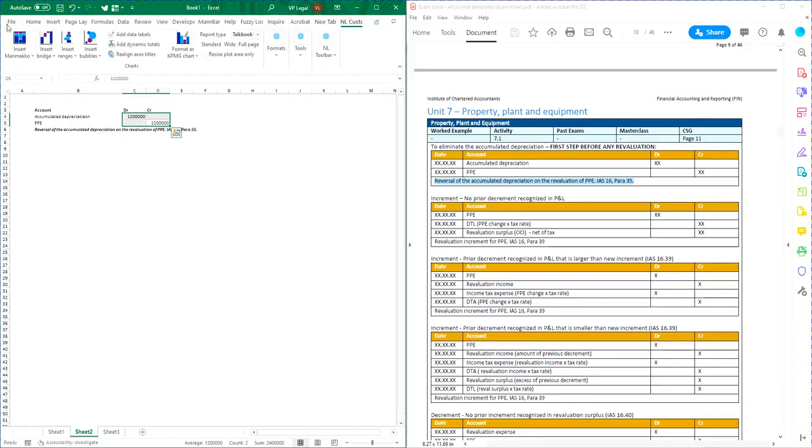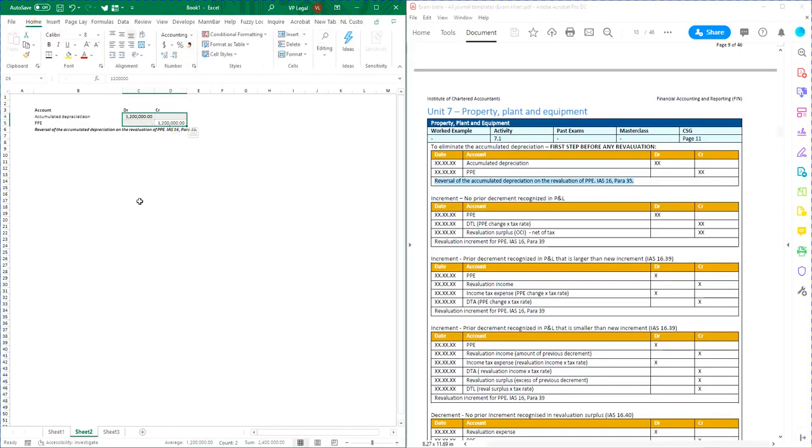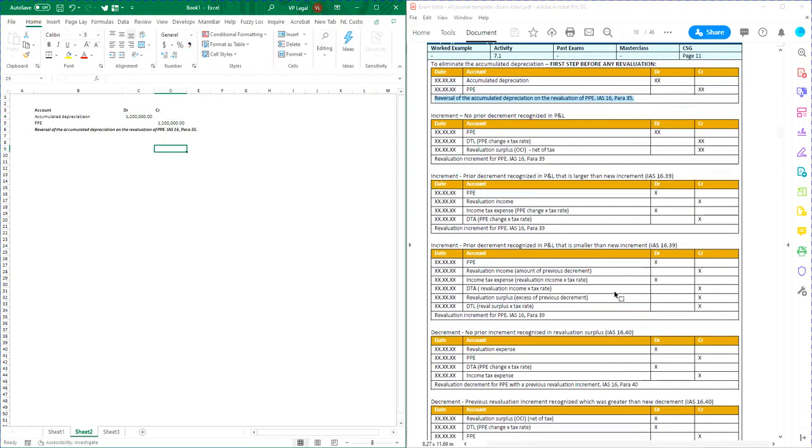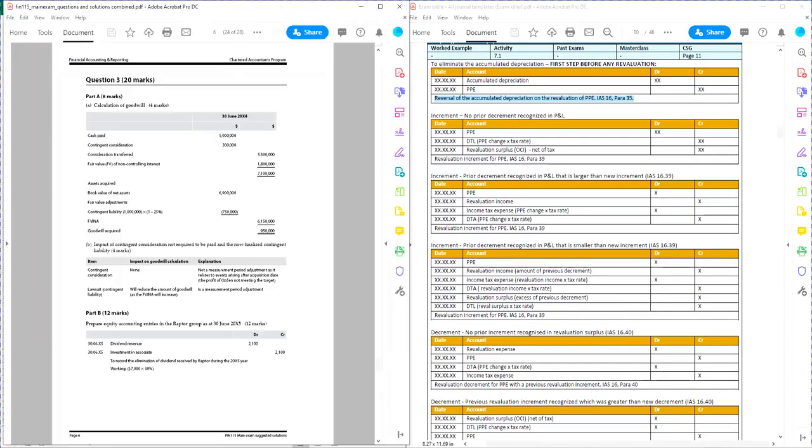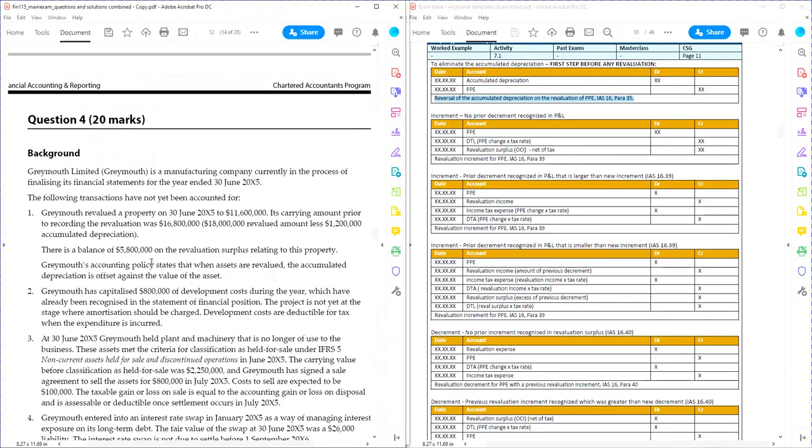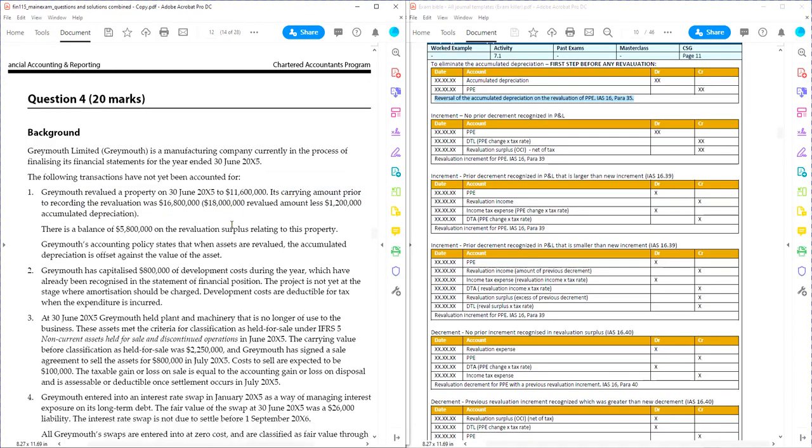The next thing that we need to do is actually figure out if the previous decrement was what it was, so we can figure out what approach to take. The carrying amount previously was this. So the previous decrement was 16.8 million down to 11.6 million.